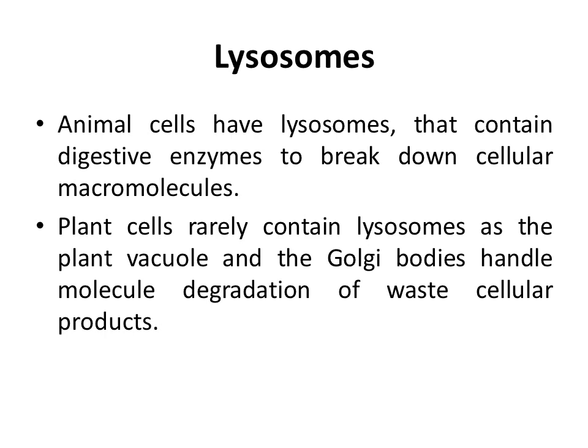In animal cells, the lysosomes contain digestive enzymes, and digestive enzymes are purposed to break down cellular macromolecules. While plant cells rarely contain lysosomes, as the plant vacuole and Golgi bodies handle molecular degradation of waste cellular products.